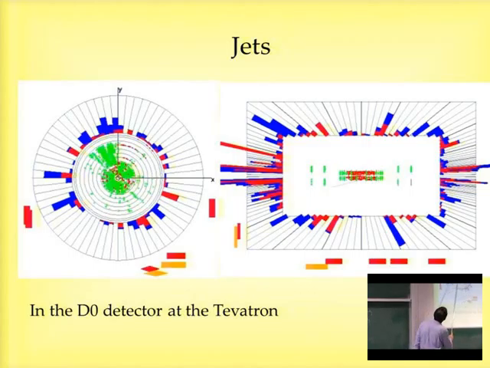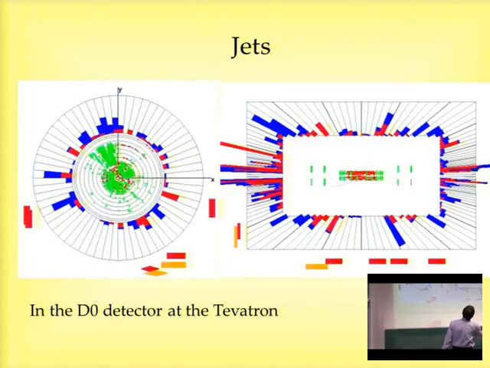There's the inner tracker, and the structure of the LHC detectors is of course very similar. A typical event has large numbers of tracks, and then there's energy deposition in the electromagnetic and in the hadronic calorimetry. These things tend to clump into specific angles, and this is a crosswise slice of the detector.